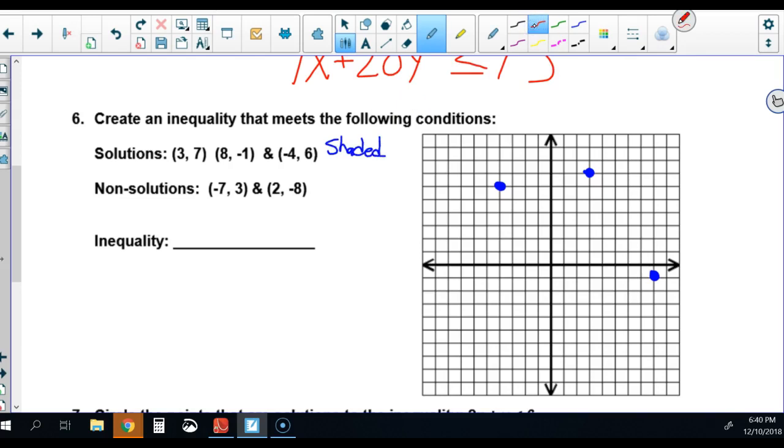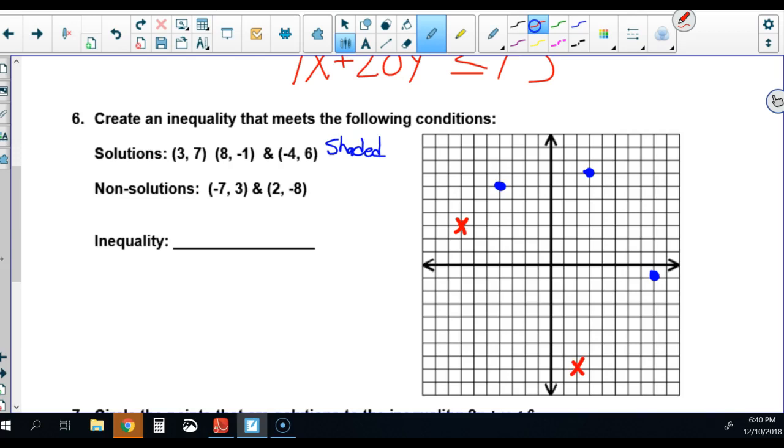Non-solutions, let's switch to red for those. -7, 3. -3, oh, +3. That is a non-solution there. 2, -8 is a non-solution there.